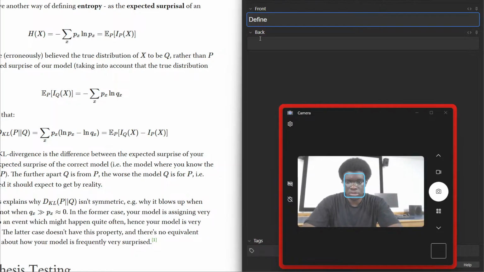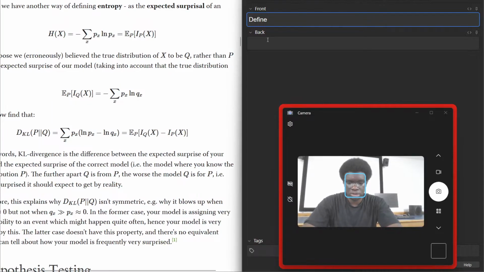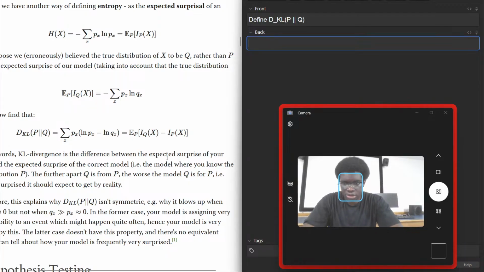Define D subscript KL of P, Q, screenshot.